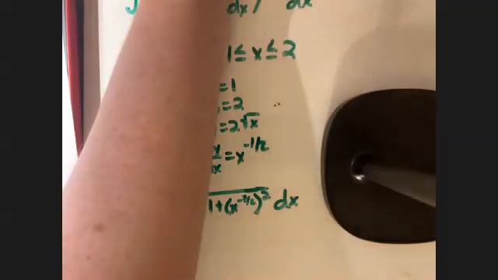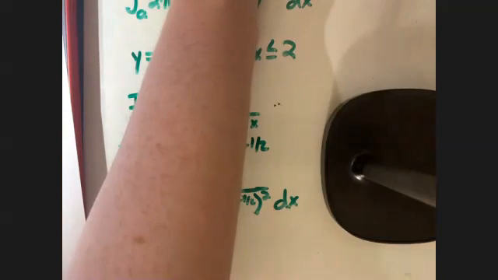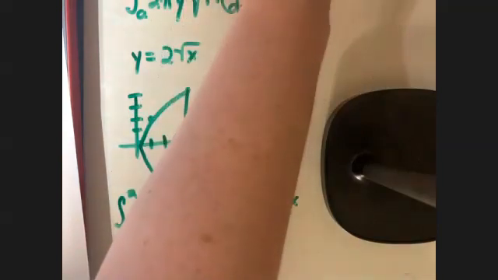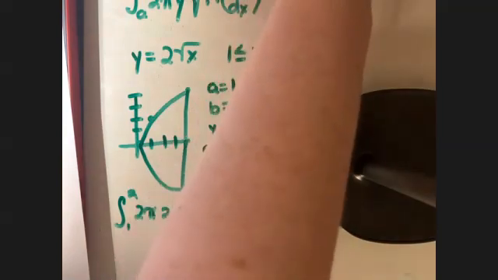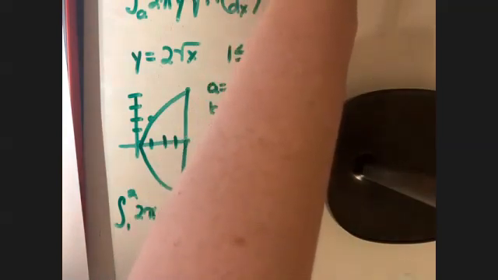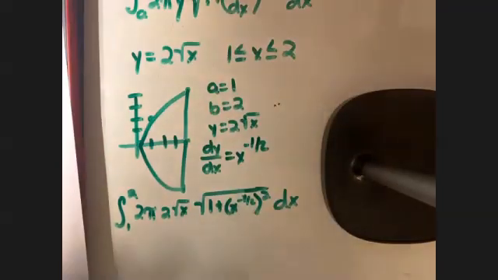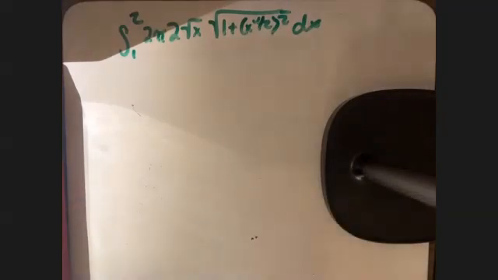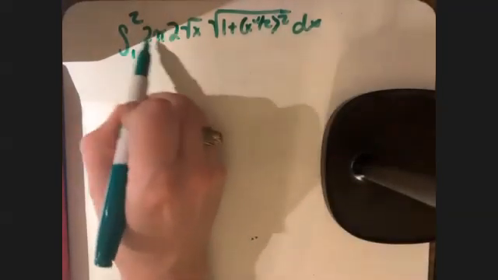So the integral from 1 to 2 of 2 pi times 2 square root of x, times the big square root of 1 plus x to the negative 1/2 squared, dx. Let me get rid of this and slide this back up.